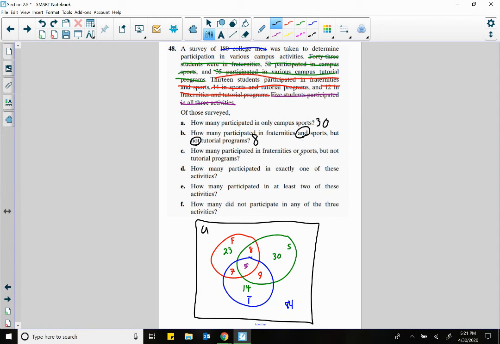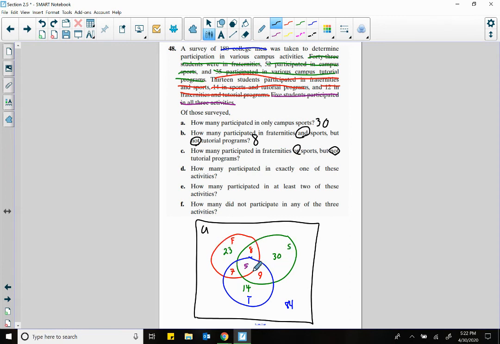So again, we've got or this time and then the not. So how many participated in fraternities or sports but not tutorial? So or again means union. So the union would be the 9, the 5, the 7, the 23, the 8, and the 30. So all 6 of these numbers right there. But again, we got to throw out any tutorial numbers.